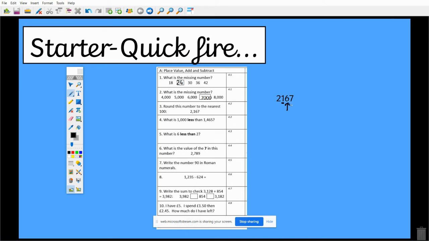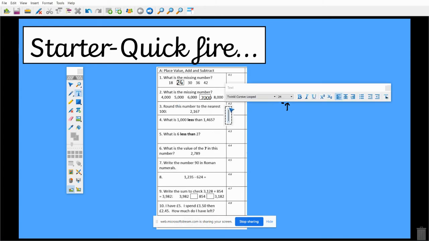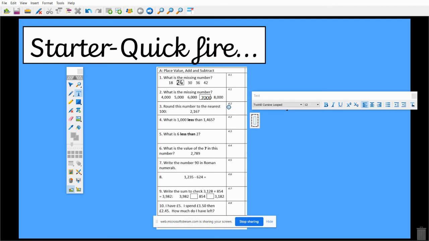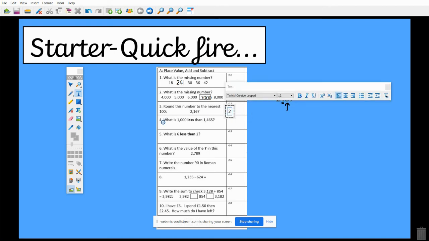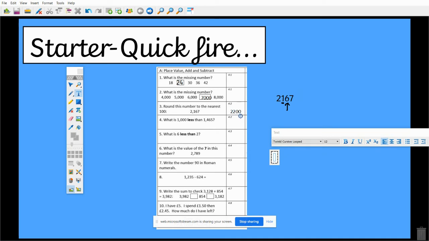Is it telling us to go up or down? 6 is telling us to go up. So we need to change this number to the next one. 2,200. And then we don't need any other numbers apart from our zeros.